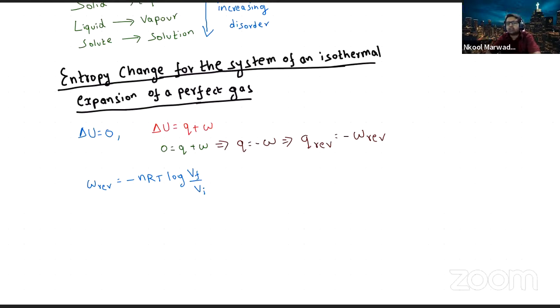Because the work is done by the system, by the gas. I will get a new relation, that is Q rev, the heat involved in that reversible process, will be nRT log Vf upon Vi.